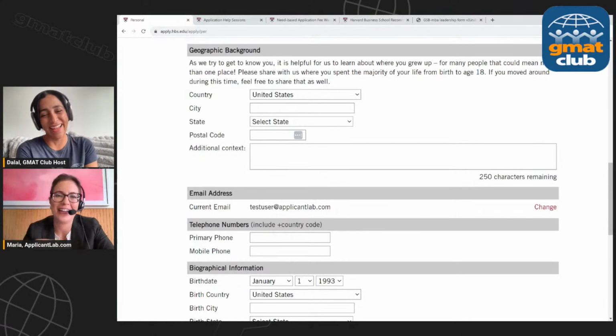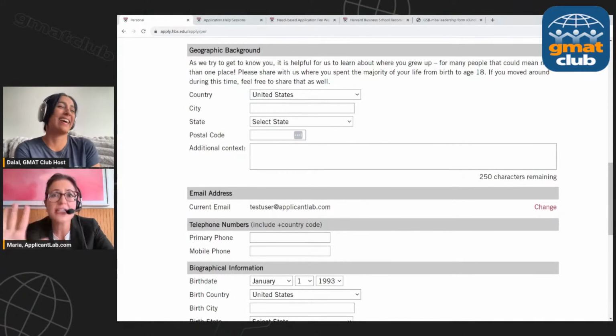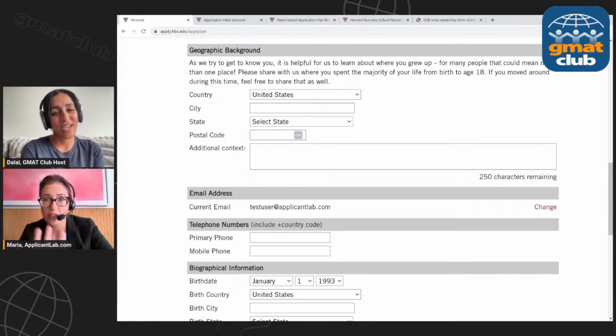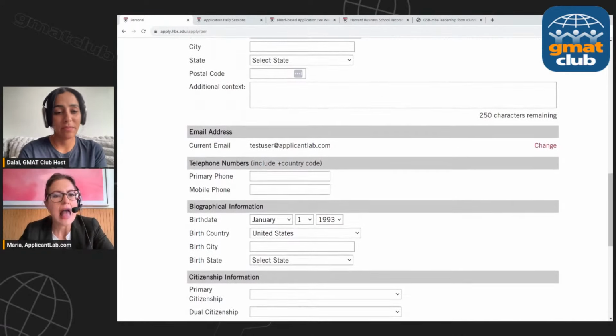So I think they were like, okay, if we only give people 900 words, there are some people who just really want to tell us that their grandfather was a fisherman in Maine. Cool, love it, but please don't waste the 900 words on this stuff that has nothing to do with you per se, or the person you are right now as an adult and as a leader at this point in your life. I agree.